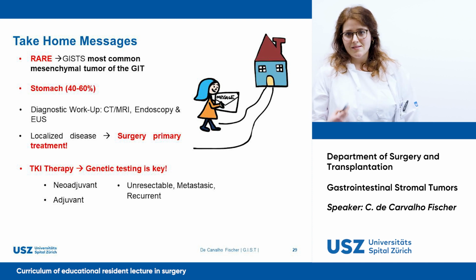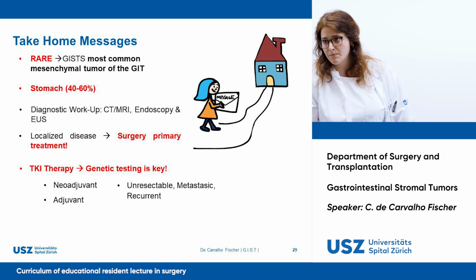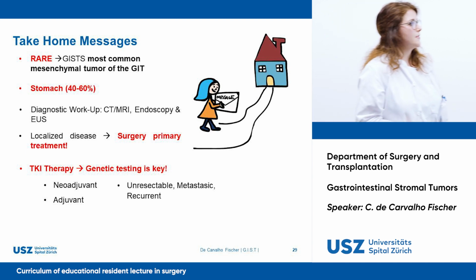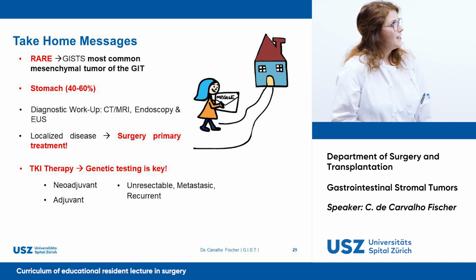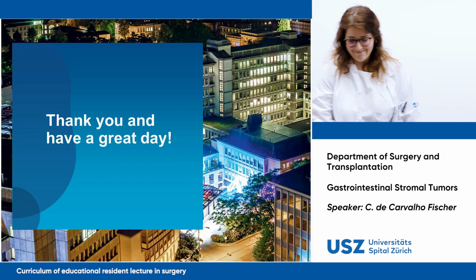In localized disease, surgery is our primary goal. Tyrosine kinase inhibitor therapy is really important in GISTs, but we should do genetic testing beforehand. And we can use tyrosine kinase inhibitors in a neoadjuvant or adjuvant setting, or for unresectable, metastatic, or recurrent disease. That's the end of my presentation. Thank you very much.